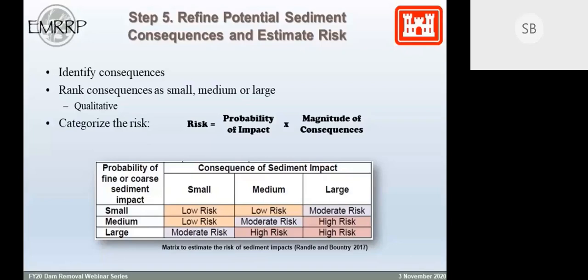Medium consequences might be more temporary consequences, and then large consequences might entail impacts to property or infrastructure or threatened and endangered species. So it's important to consider the long-term benefits also, because these may offset some of those short-term consequences. So combining this probability with the consequences gives us the overall risk, as you can see in the table here.